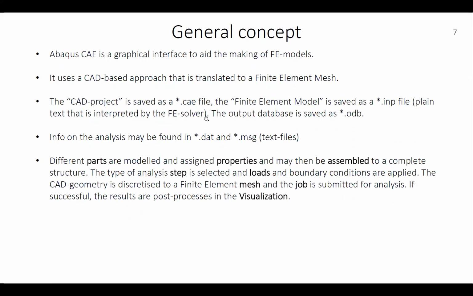So this is actually what creates the finite element model. And then, if successful, it will create an output database with a result file named ODB. But you can always rerun the analysis to regenerate the ODB file if you have either the CAE file or the input file. So it's important to save at least the CAE file if you want to replicate the results.